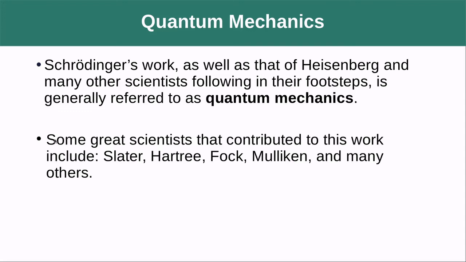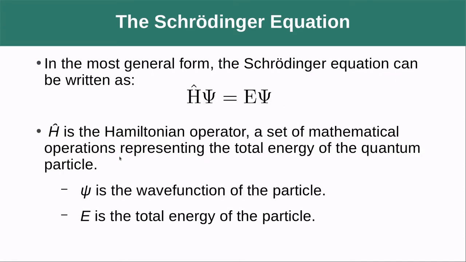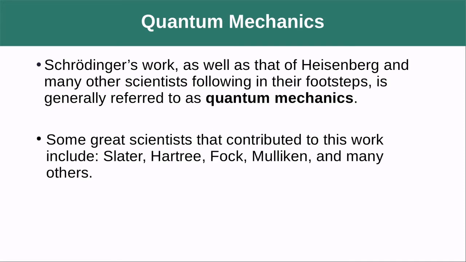Schrodinger's work, as well as that of Heisenberg and many other scientists following in their footsteps, really laid the groundwork for what has become quantum mechanics. Some of the other great scientists that contributed to this work: there was Slater, who really spelled out some of the first functions that properly describe the orbitals of electrons.